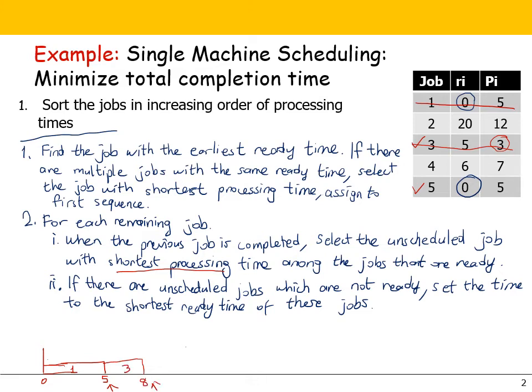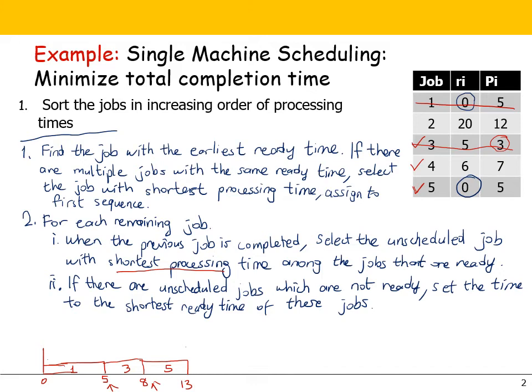Now the current time is 8, and I need to look at all the jobs that are ready at time 8. Job 4 arrived at time 6, job 5 arrived at time 0, so these are ready. Job 2 is still not ready, and the shortest processing time among these is job 5. So we are selecting job 5 and go until 13.